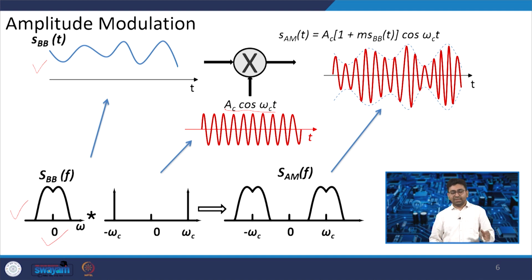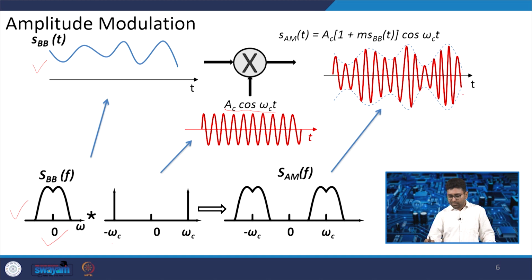This is nothing but multiplying the two signals in the time domain, so convolution in the frequency domain. You can denote A_c cos(omega_c t) in frequency as impulses at minus omega_c and omega_c with the amplitude. The moment you do the multiplication, the baseband signal will be over the carrier.